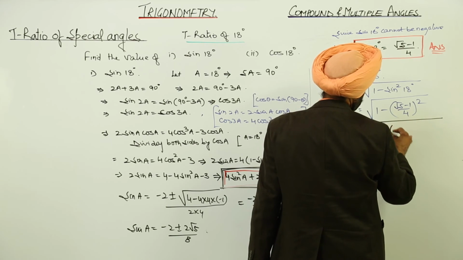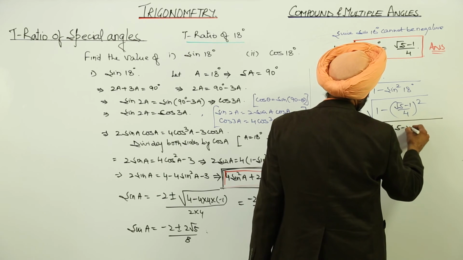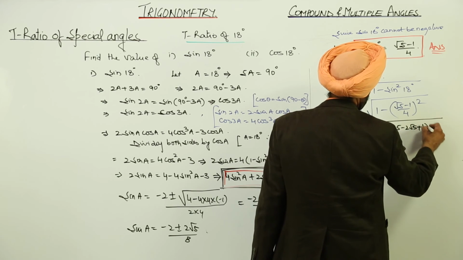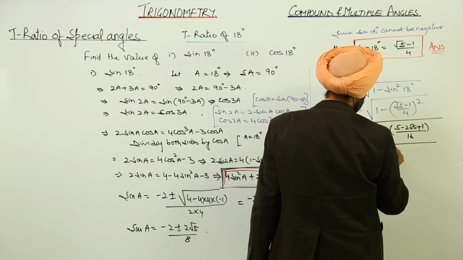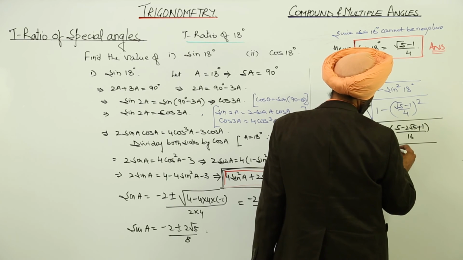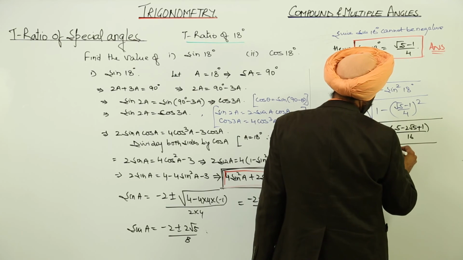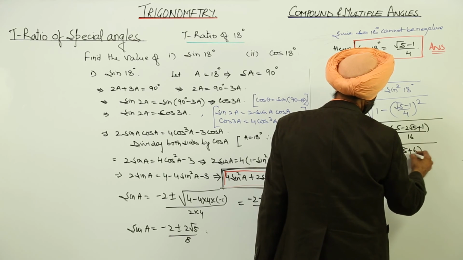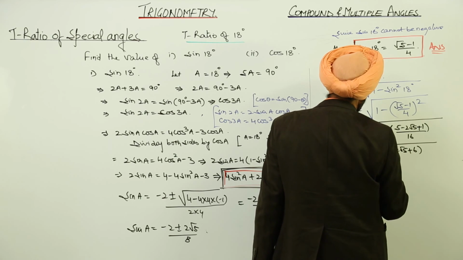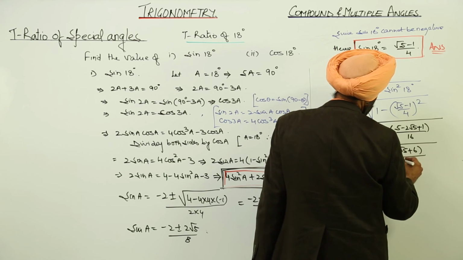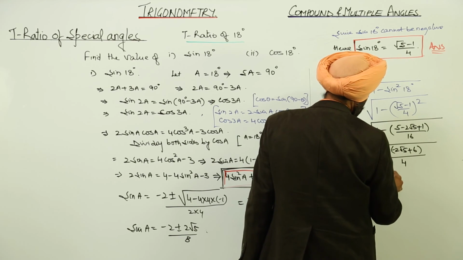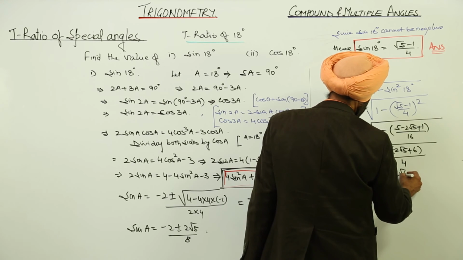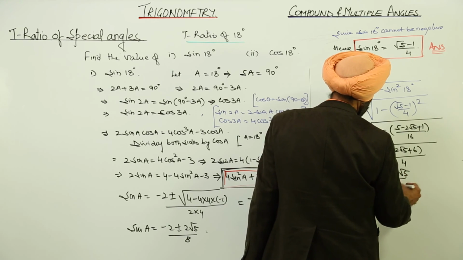Okay. So this becomes 1 minus (6 minus 2 root 5) upon 16. That is, 16 minus, in the bracket, negative of 2 root 5 plus 6, upon 16. So finally this becomes (10 plus 2 root 5) upon 16.